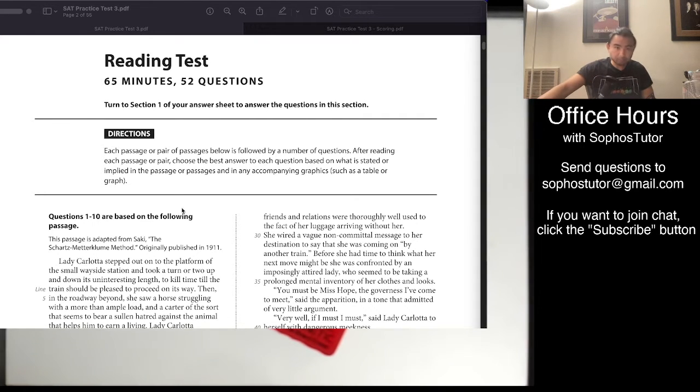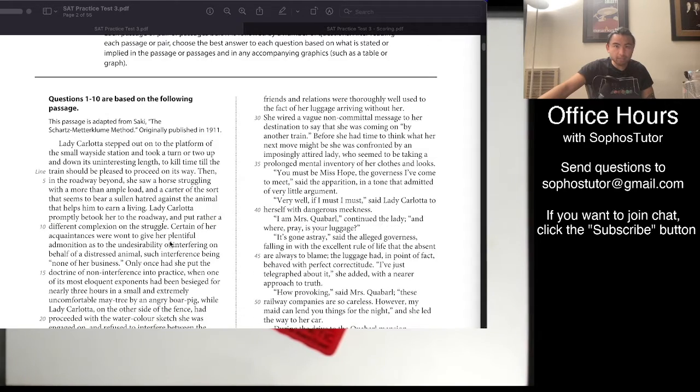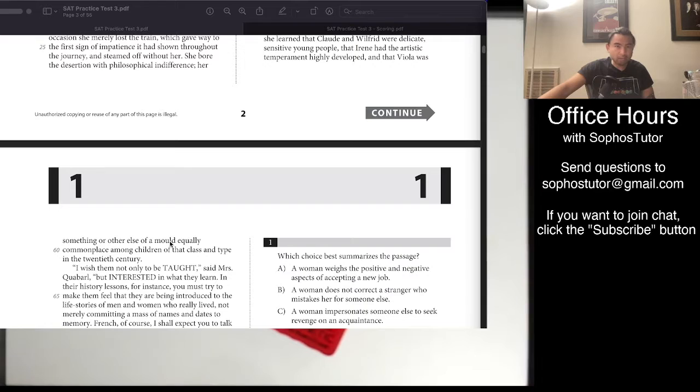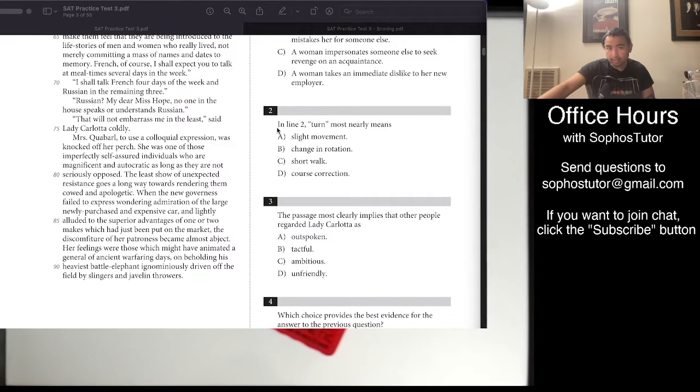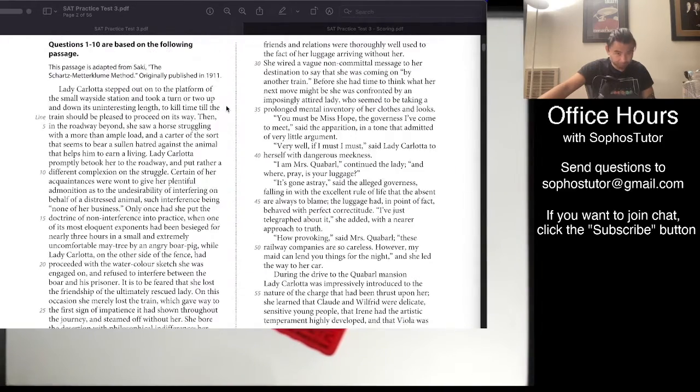So the first thing that I do is I look at the questions first and I see if there are any questions that have line references. So the first question I see that has a line reference is question 2 at line 2. So what I'm going to do is on line 2, I'm going to write the question number. So it happens to be 2.